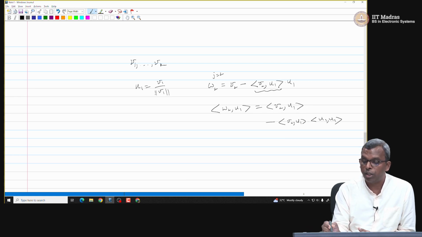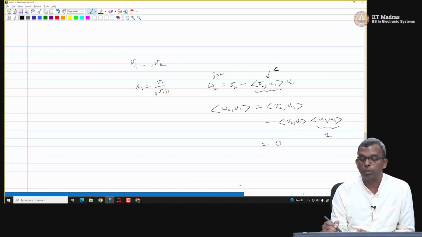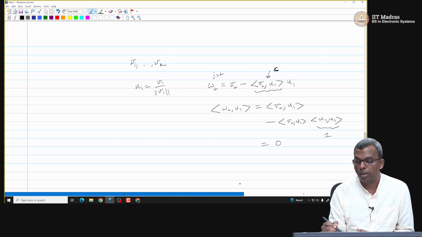When I take an inner product on both sides with u1, I have the inner product of w2 and u1 on the left hand side, I have v2 minus this is a scalar, right. So, think of this as some c, okay. So, v2 comma u1 minus c times u1 comma u1. What is u1 comma u1? It is just 1. So, v2 comma u1 minus v2 comma u1 goes off to 0. Do you see that? I hope you see that, okay.